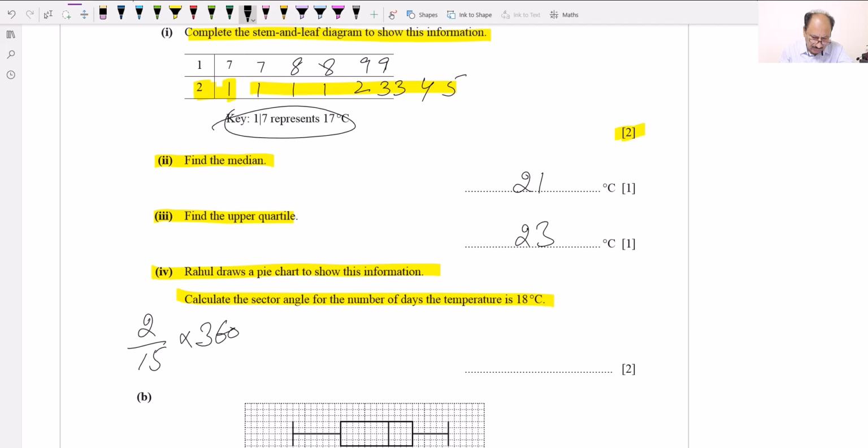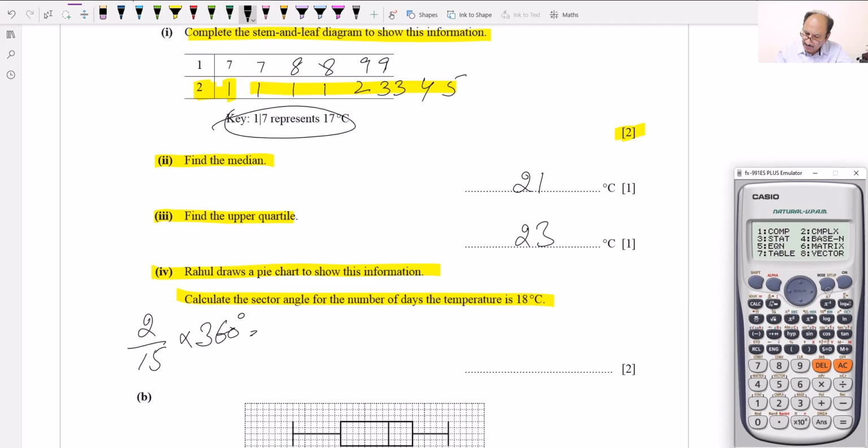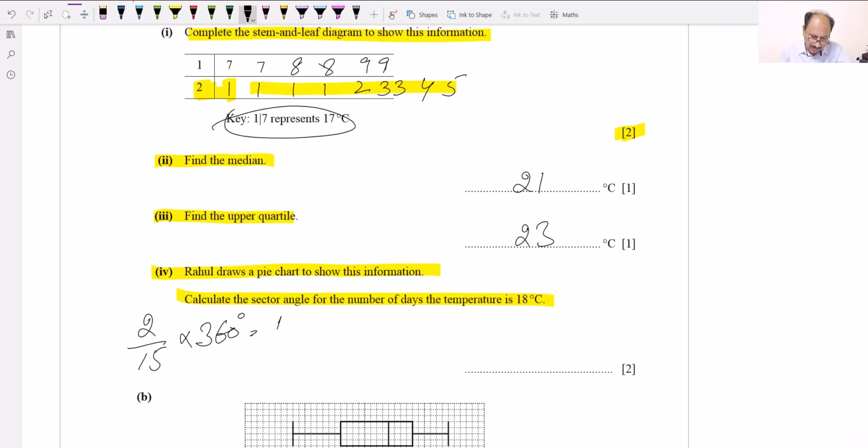If we check with the help of a calculator, 2 divided by 15, multiplied by 360, will be equal to 48. So 48 degrees will be our answer for 2 marks.